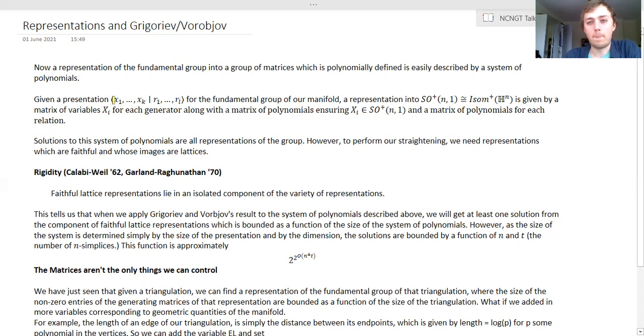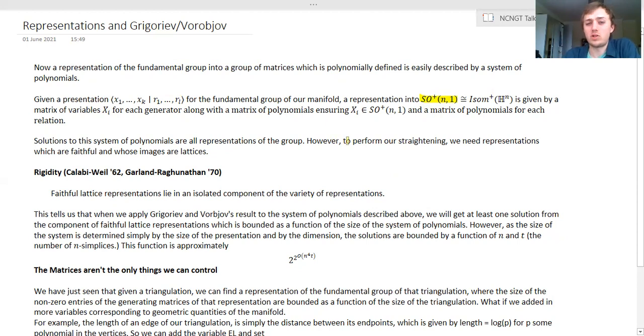Well, it defines a map from this group, this presentation, to this group of matrices, where the images have to satisfy the relations. But that's exactly a homomorphism, and this is exactly a representation of this group in SO plus N1. So that's what our solutions are.